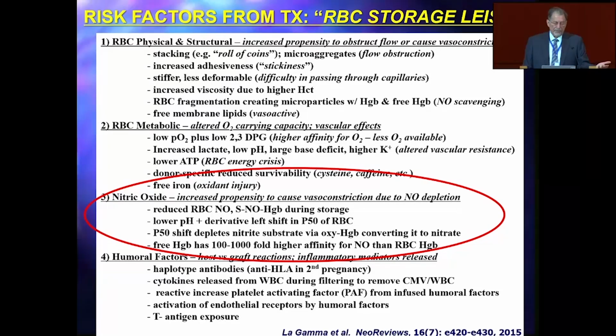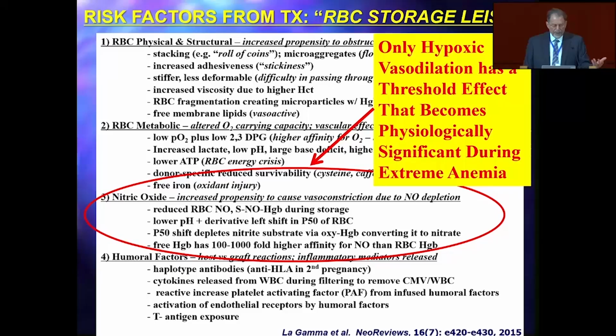The only thing in this list that remained as an issue late was the combination of decreased nitric oxide in the transfused blood and the fact that the intestine is dependent on it, and I'm increasing feedings, I'm increasing caloric density.